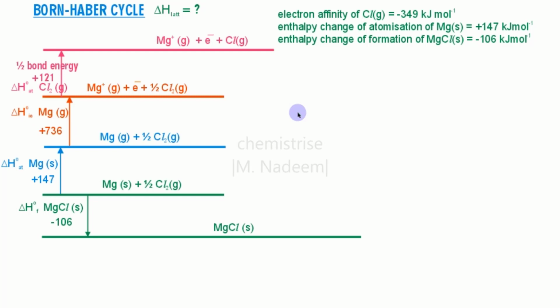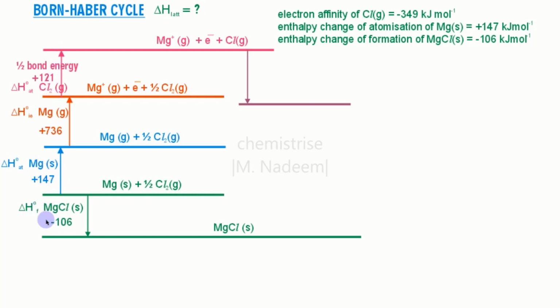Okay, the next enthalpy is the conversion of chlorine gas atoms into the chloride negative gaseous ions, and this enthalpy is actually the electron affinity. And you see the electron affinity is a negative value, that's why we have made it below. Other values were positive values, so we are making them upwards because these are energy absorbed.